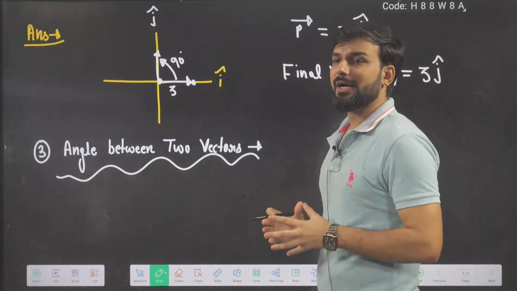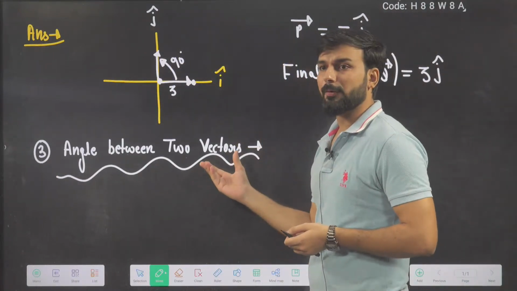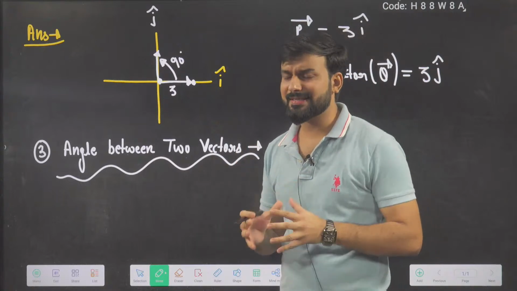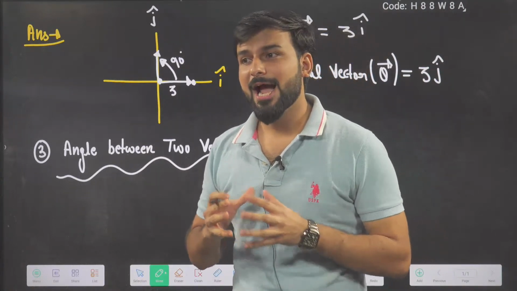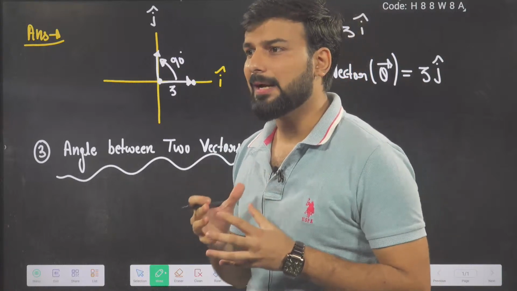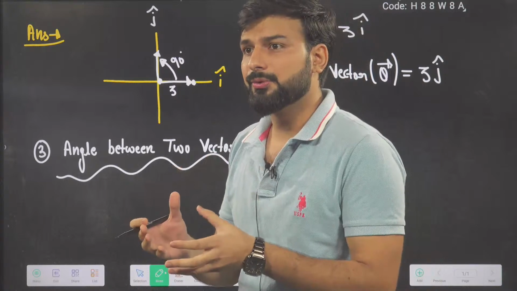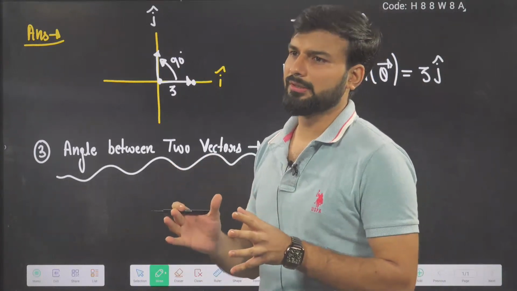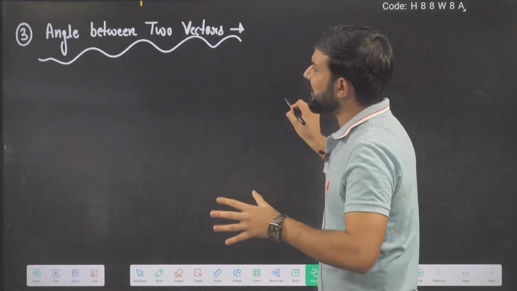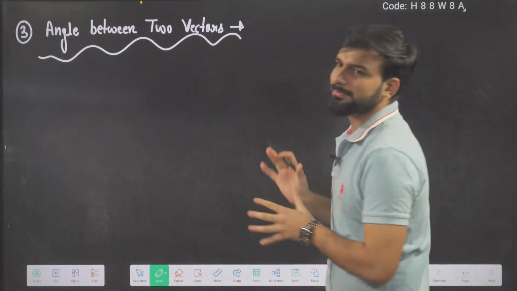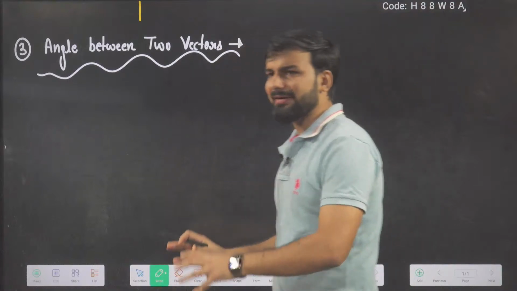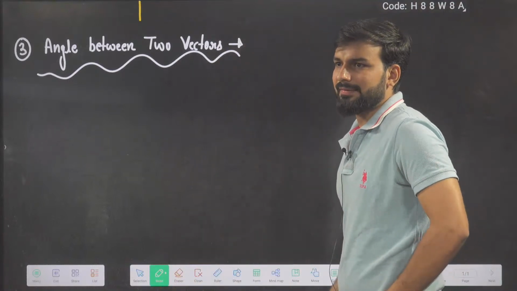I insist on this only for this particular topic. Why? Because the majority of students make mistakes while measuring the angle between two vectors. So whatever trick I am going to teach you, please listen carefully, everyone. It is my humble request. First I will write how to measure.